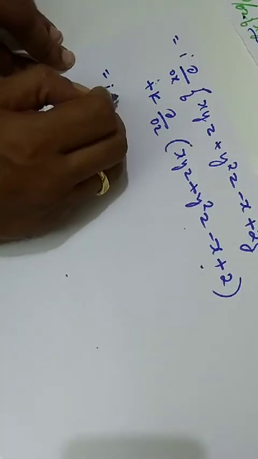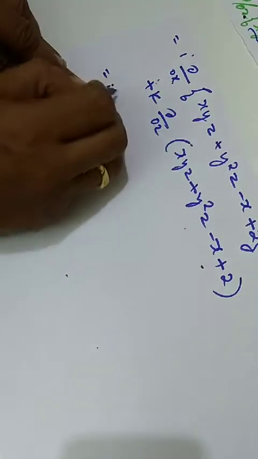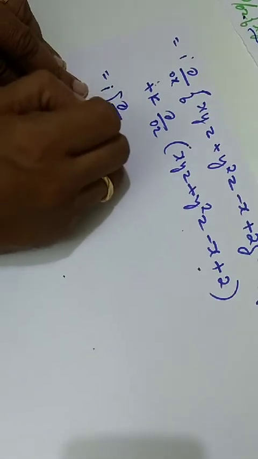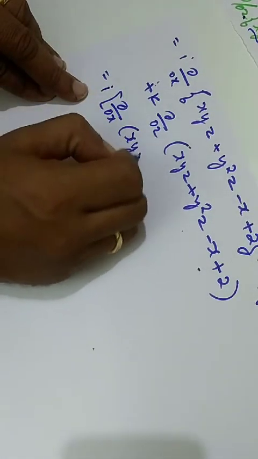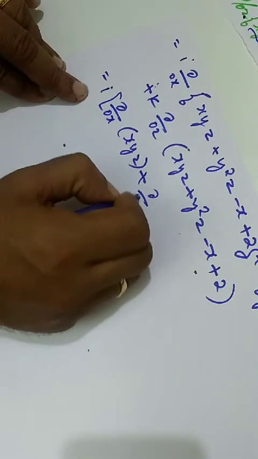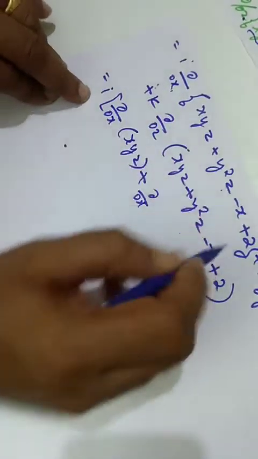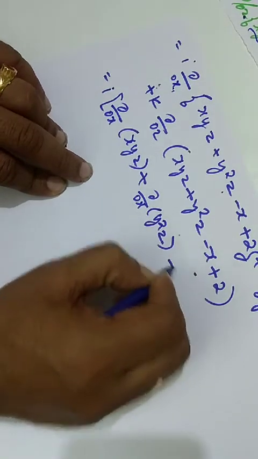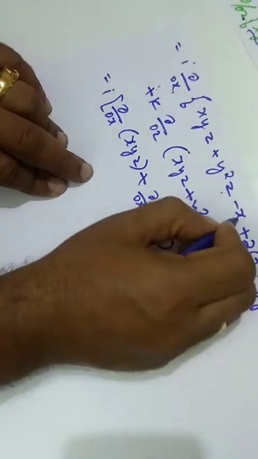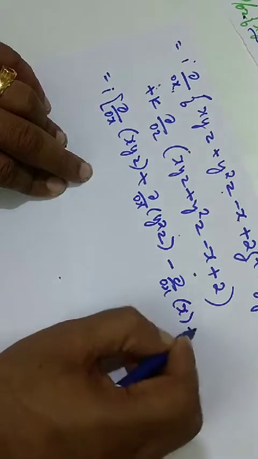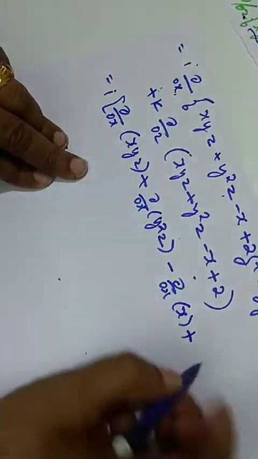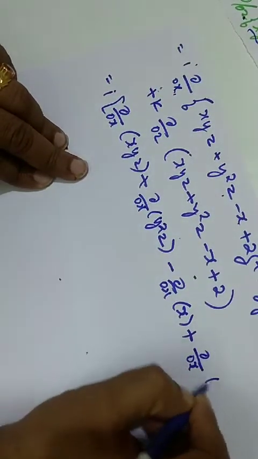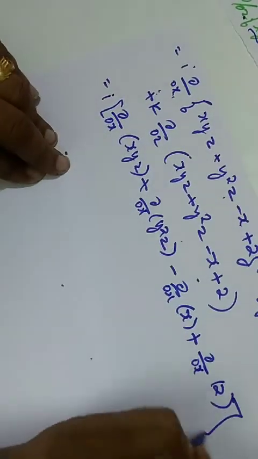So i into with respect to x. If you want, you can operate separately. Dou by dou x of xyz, plus dou by dou x of y squared z, minus dou by dou x of the third term, that is x, plus dou by dou x of 2.